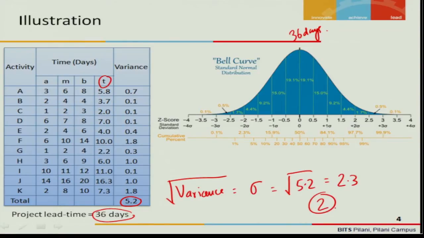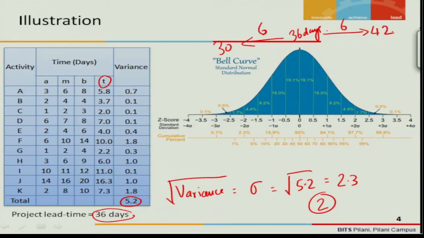2 is the standard deviation, which means that if the mean is at 36 days, then the total variance of the project can be 3 times sigma on this side and 3 times sigma on the other side. 3 times 2 is 6, and here also it is 6. So the total project variance, this dispersion, can be from 30 days to 42 days.